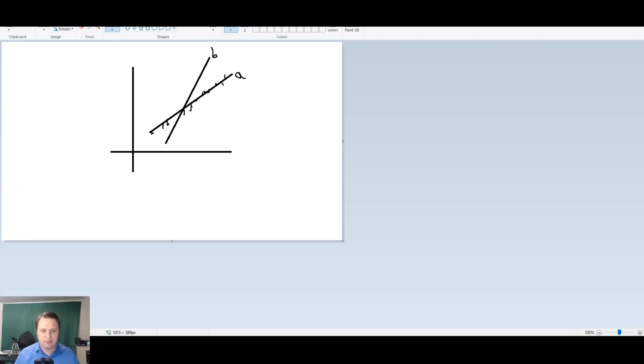And it would do the same thing for the B line. It would measure all of the points to the B line, either up or down, and then square those distances. And you can see that the B line is going to have more distance than the A line after you've squared them all. That's why A is a better line than B.